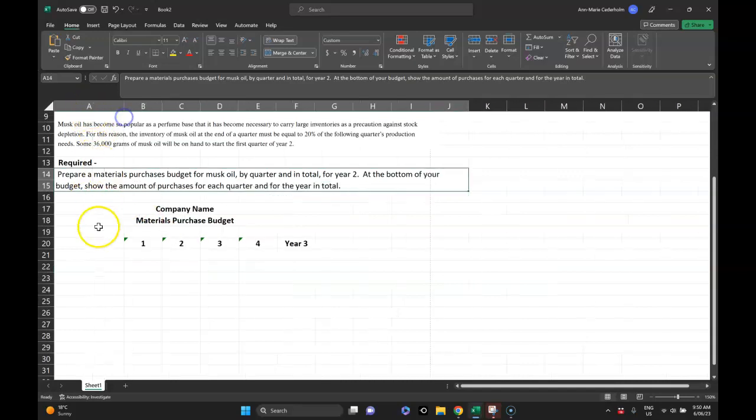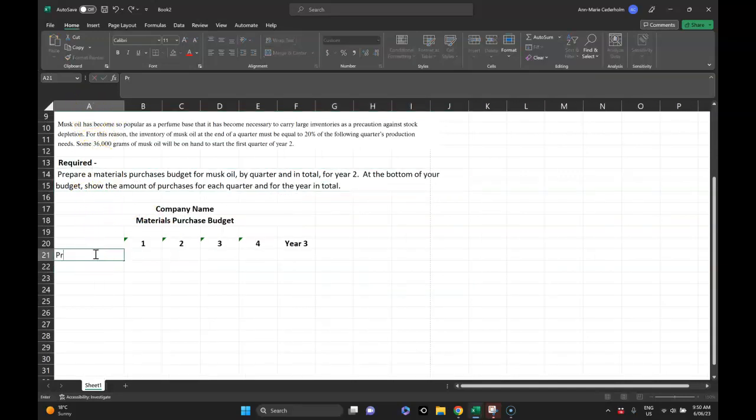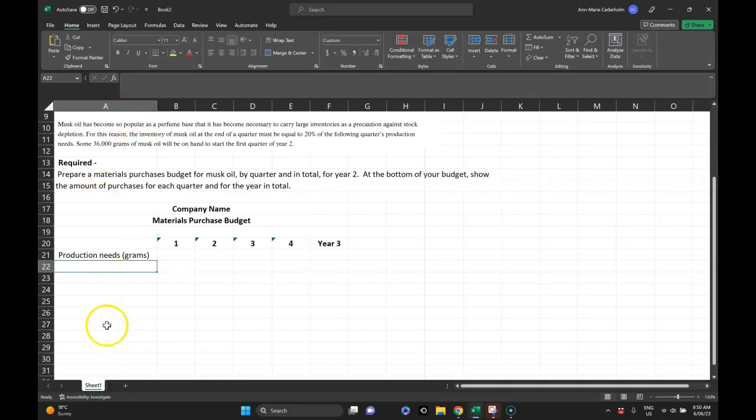So I'll just get my titles down properly. I'm just going to do production needs in grams. So I'm going to first convert that. And then we're going to add in our desired ending inventory in grams. And then that'll give us our total needs.